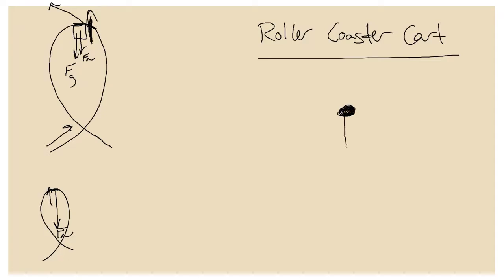We have the weight and the normal force, both acting down. We're not going to go nuts about the scale here, and you'll see why in a second. Another thing we should note before we move on is that the centripetal acceleration points toward the center of the circle.